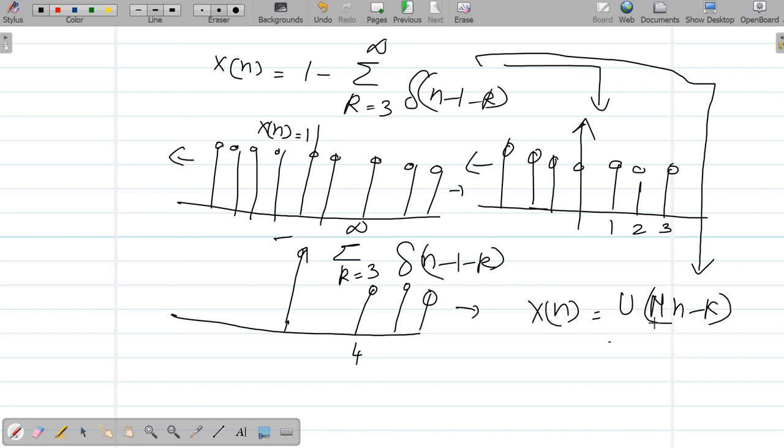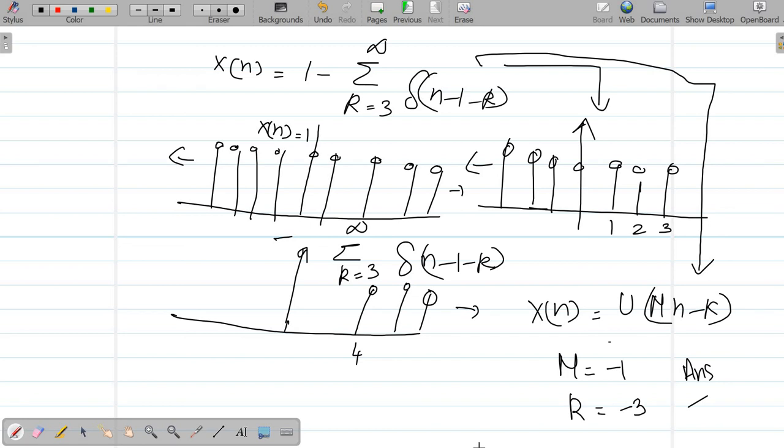How to do this? If m is equal to -1 and k is equal to -3, we end up getting this function. So these are the answers.